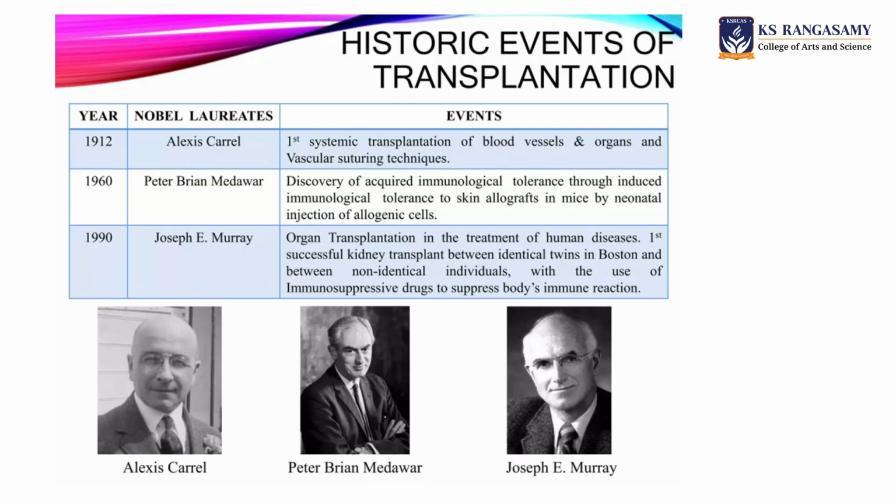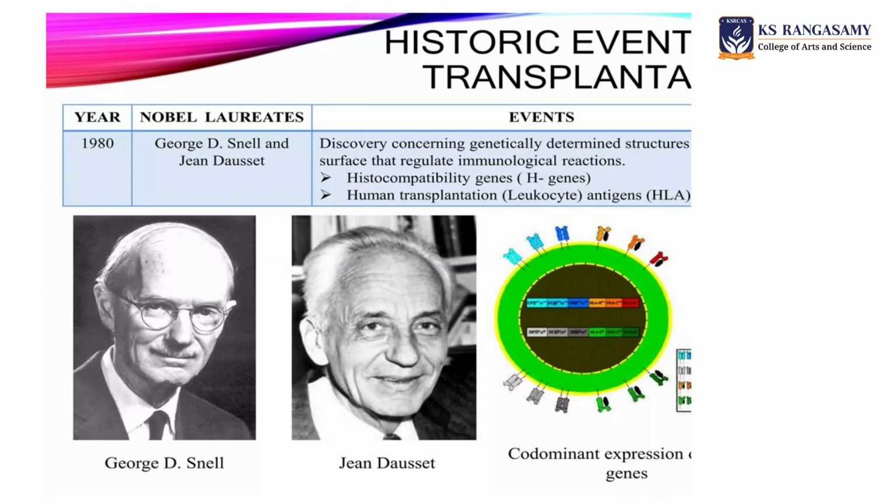In 1990 Joseph E. Murray performed the first successful kidney transplant, and in 1980 George D. Snell and Jean Dausset discovered the genetically determined surface structures regulating immunological reactions.